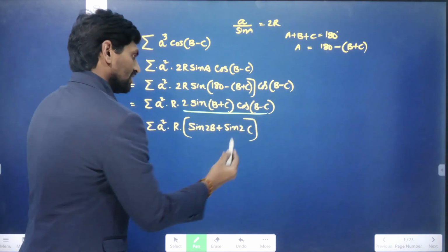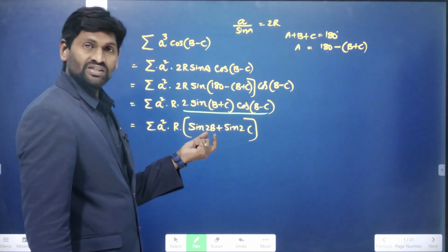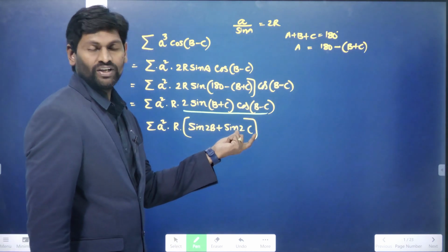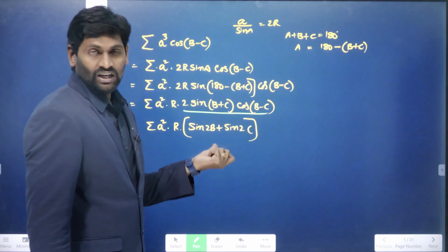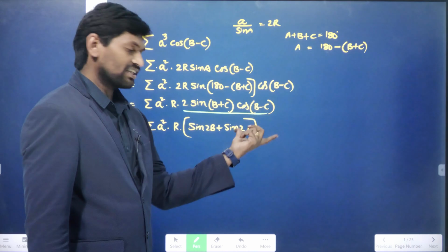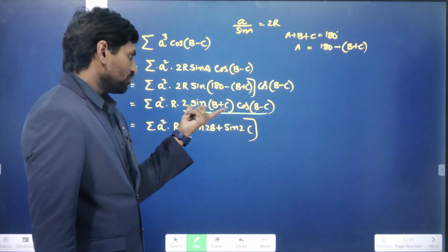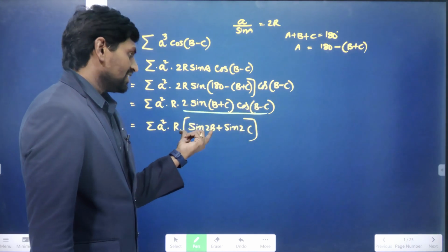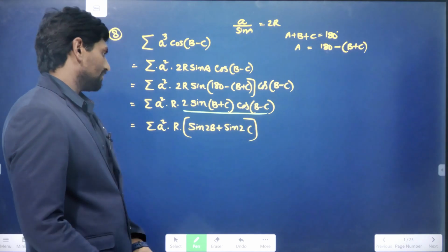Just check this: sin plus sin is 2 sin cos. First addition, 2b plus 2c by 2, the 2 cancels, b plus c will remain. The next one is also like that. So in the place of 2 sin cos, we can write sin 2b plus sin 2c.